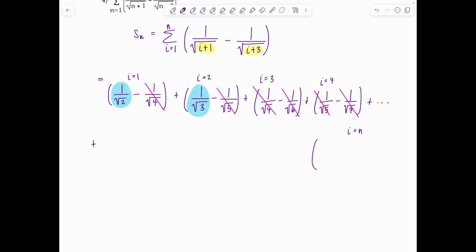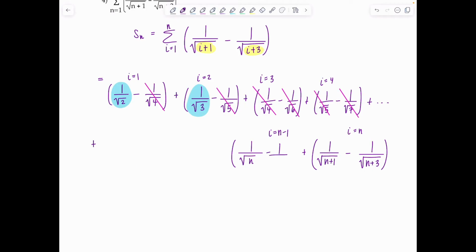So then this would be 1 over rad n plus 1 minus 1 over rad n plus 3. Okay, and then who comes before n? Why, n minus 1. So this would be 1 over rad n minus 1 plus 1, which would just be rad n, yes?